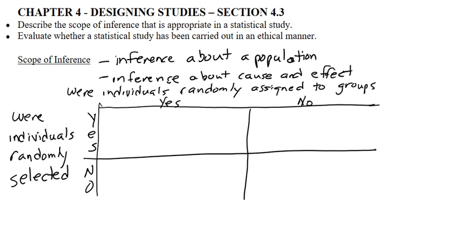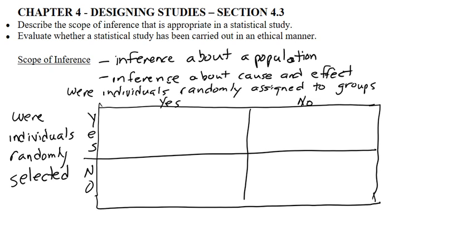Depending on our answer to those two questions, tells us what we can do our inference about. So if individuals were randomly selected, okay, then inference about population is allowed. Whether or not they were assigned to groups doesn't matter.